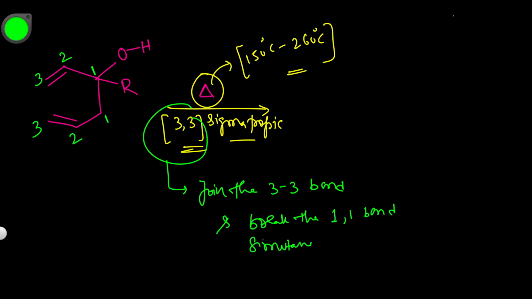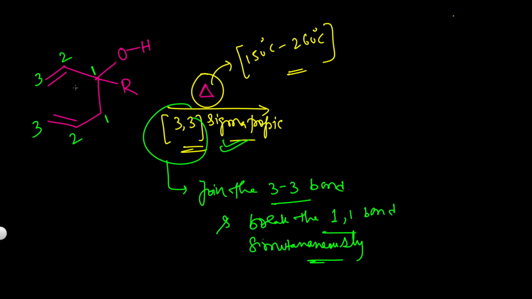Okay, because all the steps are going in one step. It's a transition state. So the main basic thing about 3-3 sigmatropic is just join the 3-3 bond and break the 1-1 bond. How can we do it? Let's see.